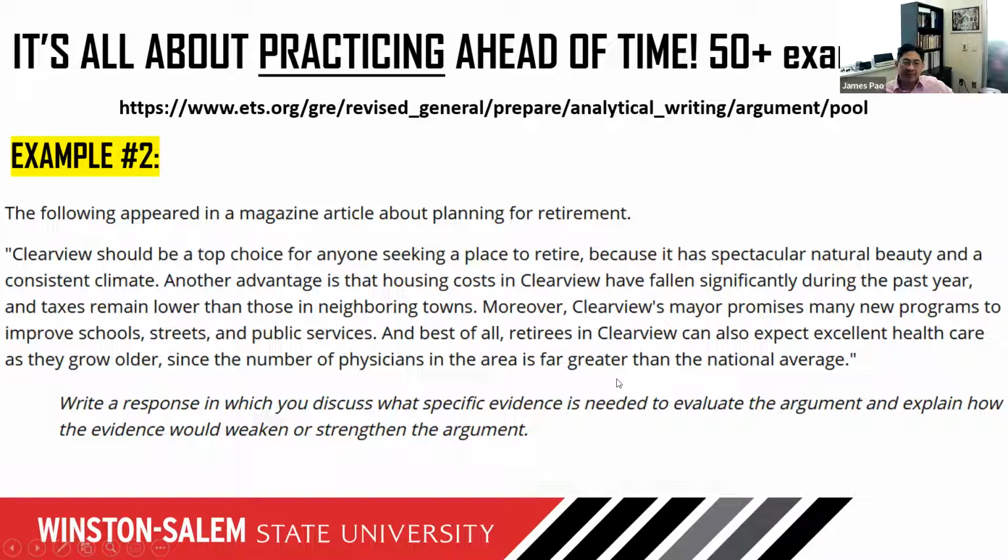Not really in the paragraph. They're talking more about what evidence do we need in general to prove the points. For example, it says in the paragraph, retirees can expect excellent health care because the number of physicians in the area is greater than the national average. What evidence do we need to prove that?